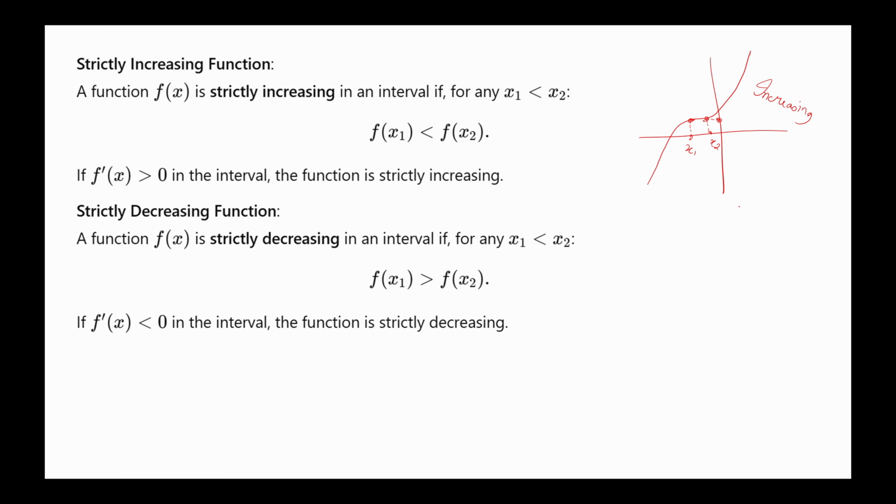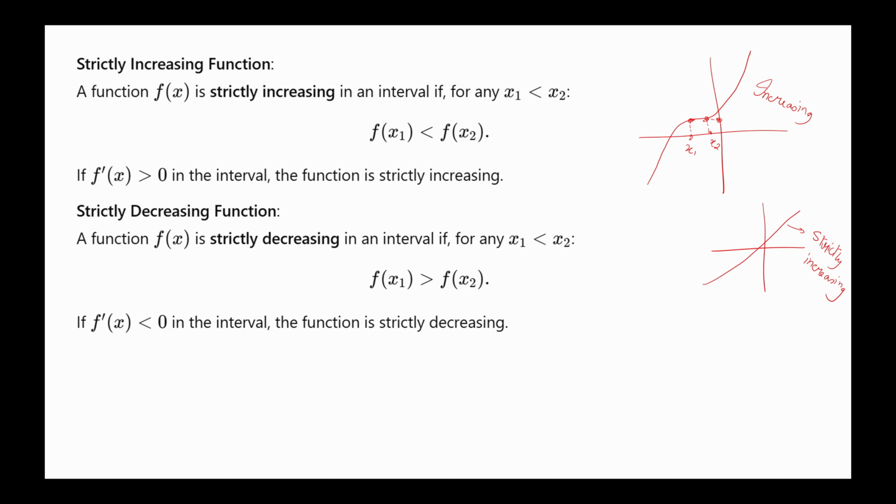However, when we talk about strictly increasing, there is going to be no point where f of x1 is equal to f of x2. So it is going to be increasing always. So this type of function is what we call a strictly increasing function. Same thing goes for decreasing as well.